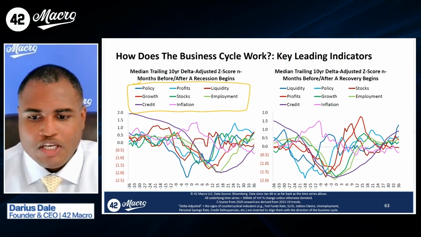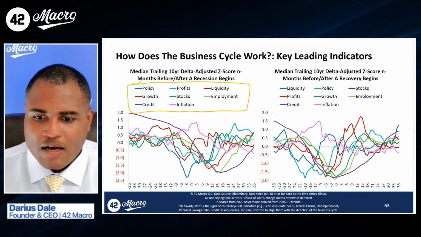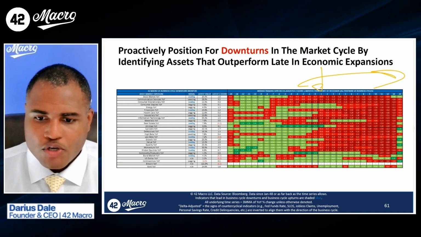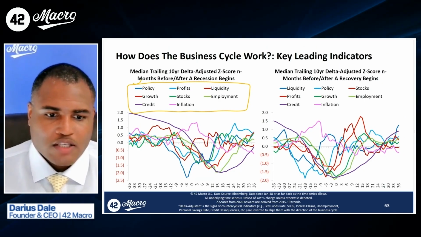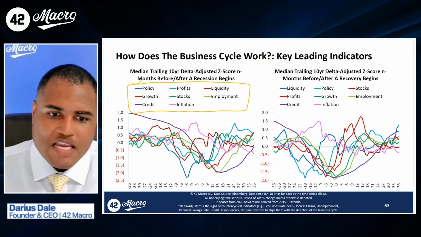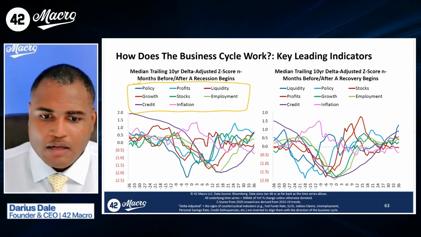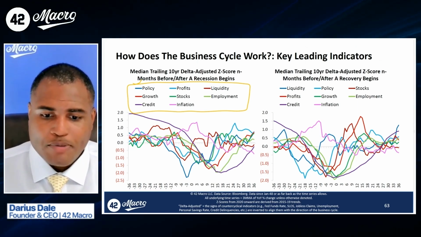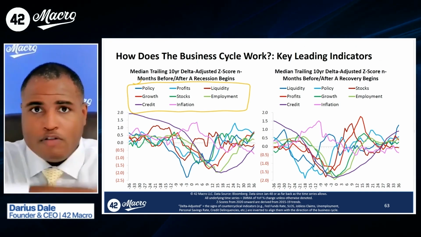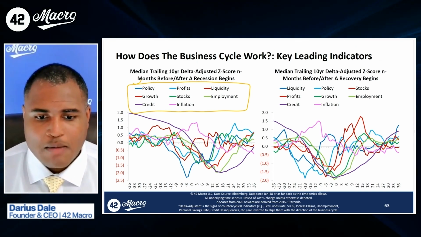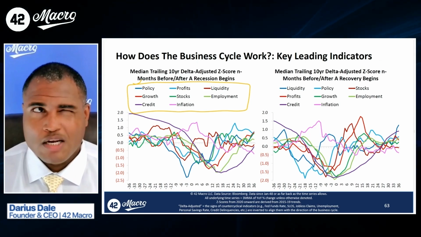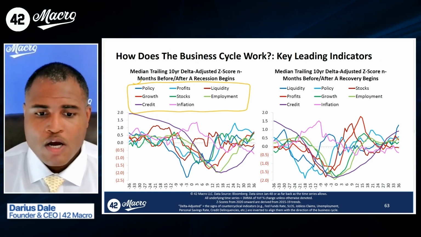And so what these charts show is the data in these tables, in time series format, which is a lot easier on the eyes to view. Again, this shows the median trailing 10-year delta adjusted z-score for the particular indicator across all the business cycles stacked on top of each other in the post-war U.S. economy. I want to say there have been 12 or 13 business cycles in the post-war U.S. economy.